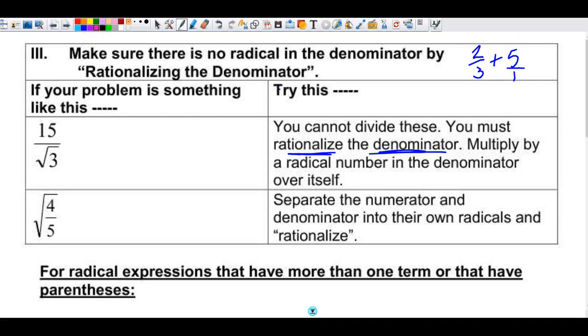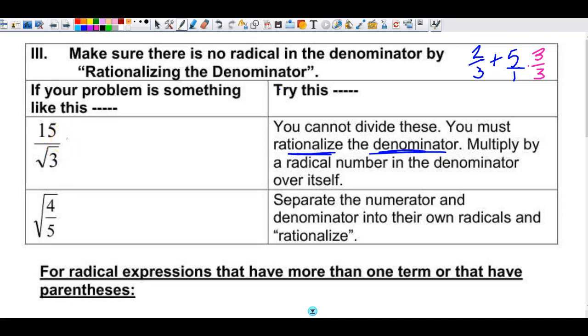Then my common denominator would be 3, so I multiply by 3/3, which gives me the 15/3 that I need. I multiply by 3/3 because it has a value of 1. So it looks like 15/3 instead of just 5, but it doesn't change the value.